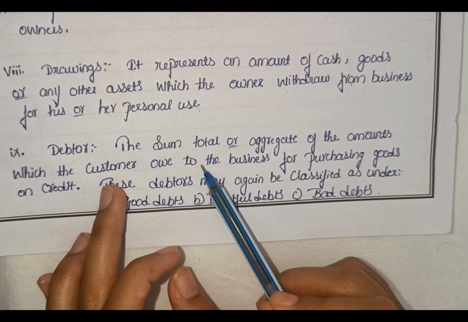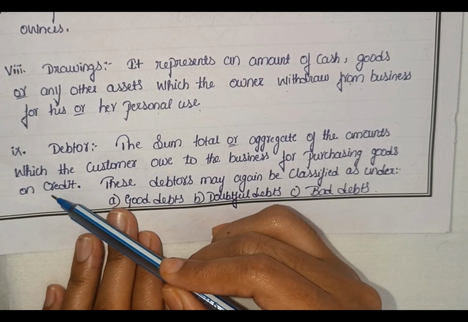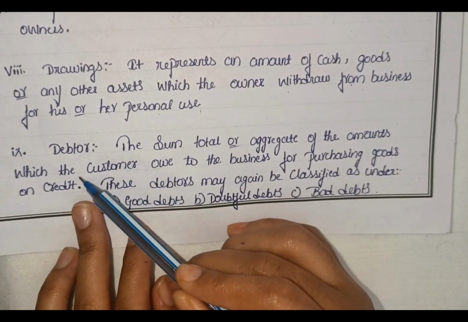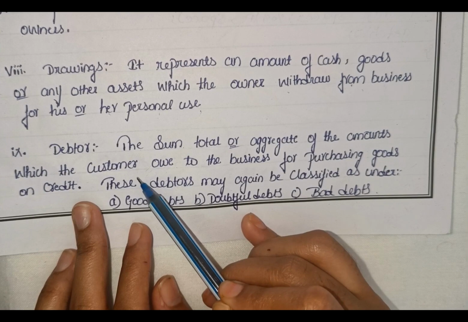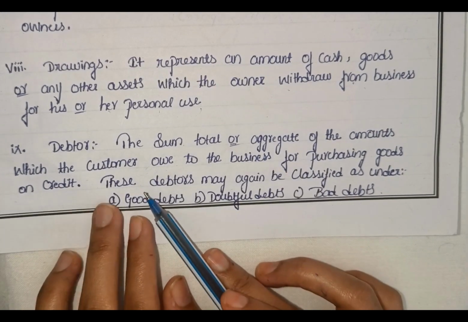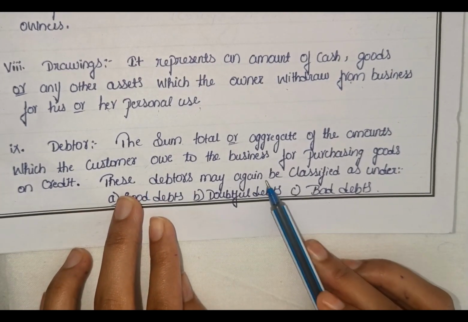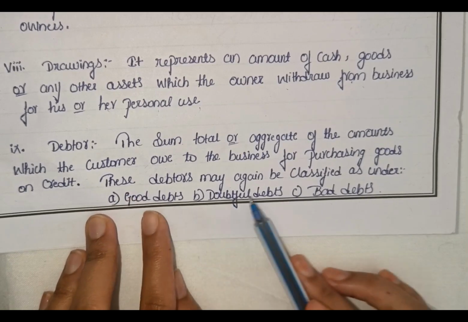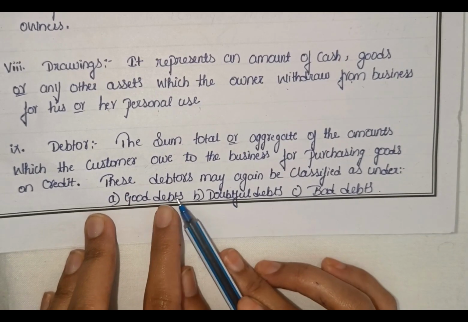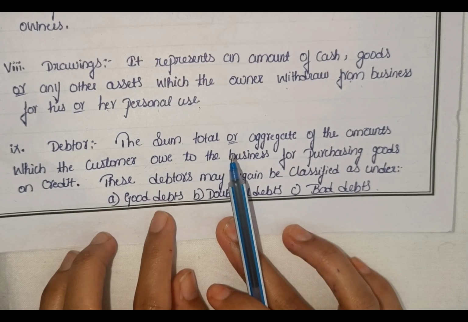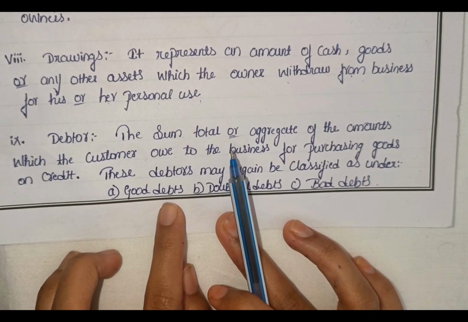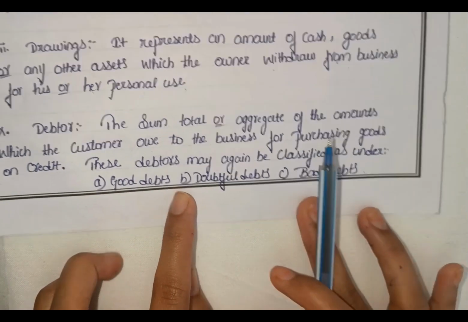The customer owes to the business for purchasing goods on credit. So who is a debtor here? The customers are the debtors. These debtors may be classified as good debt, doubtful debt, and bad debt. Good debt means they settle the cash within a year or according to their agreement.